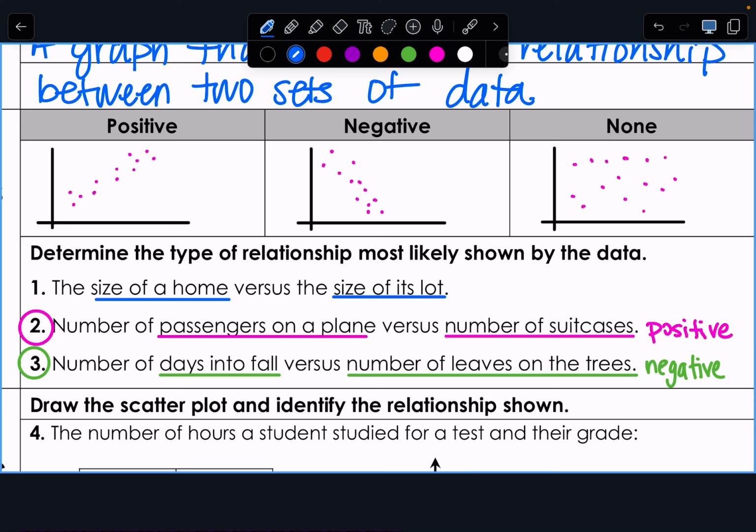Okay? The bigger the house, the bigger the yard. The smaller the house, the smaller the yard. Well, not necessarily. Some people live on like 5 acres. Right? Some people have no yard, even with a big house. Some people have a small house, and there's no relationship. Okay?